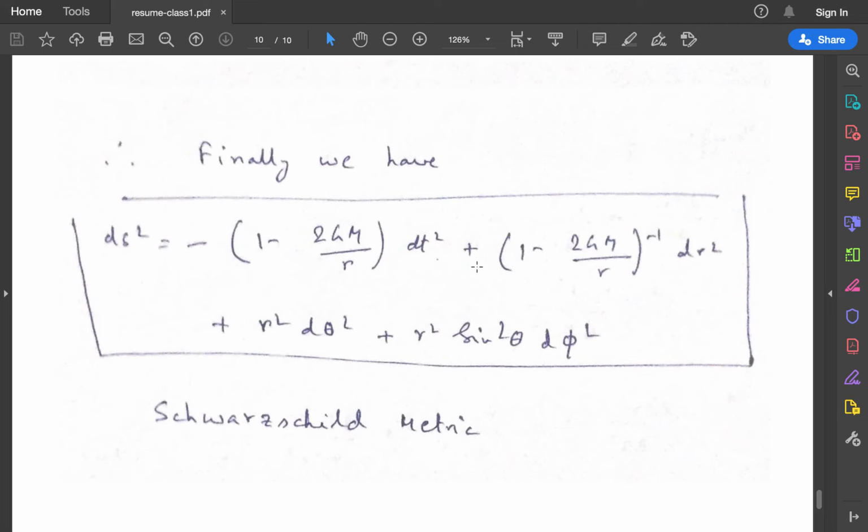This is a very famous metric. This was the first solution of the Einstein equation, which was found by Schwarzschild, and this is known as the Schwarzschild metric. This metric is true for any space-time which is spherically symmetric, stationary, static, and where we are looking for a vacuum solution. So this is the famous Schwarzschild metric, and we have finally arrived there.